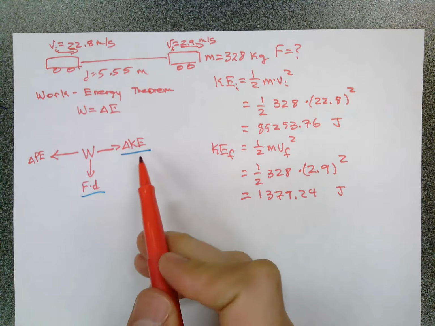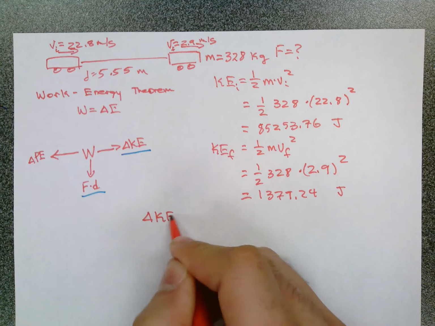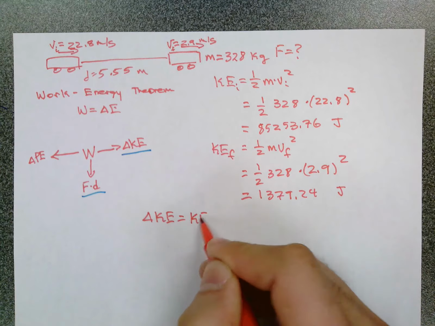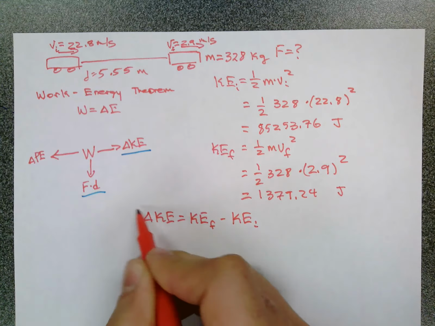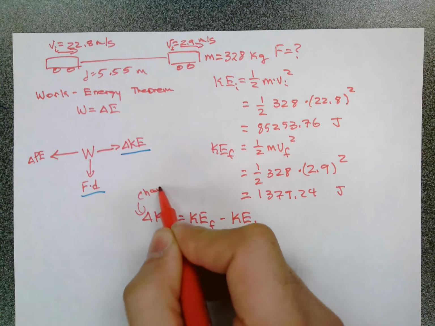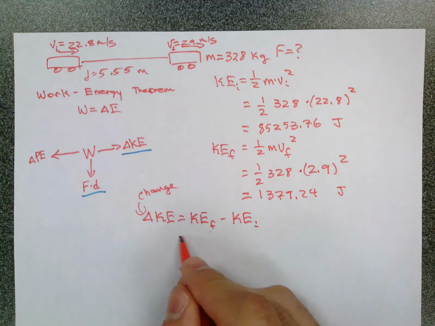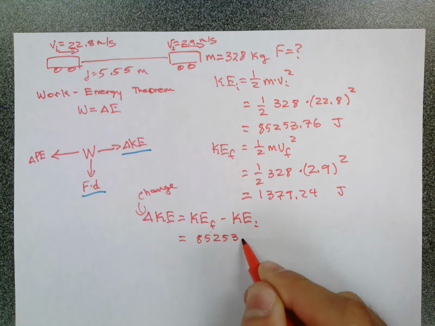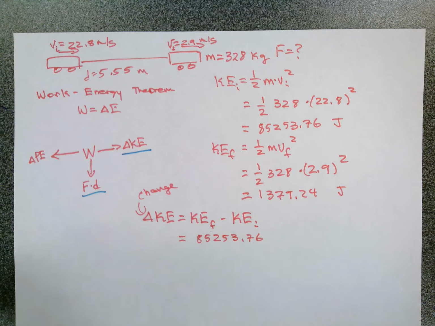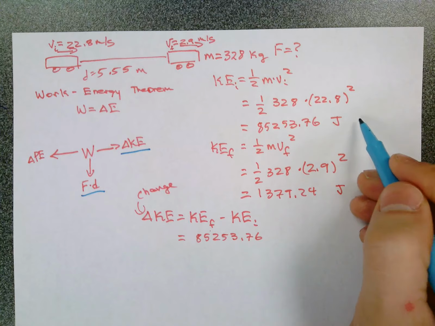you see that change in kinetic energy is actually equal to the final kinetic energy minus the initial kinetic energy. This triangle means change, and change is always final minus initial. So we'll just subtract 85,253.76, which comes from the initial kinetic energy.